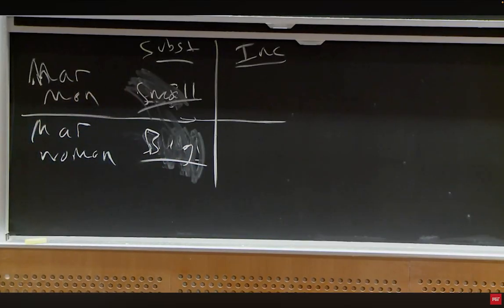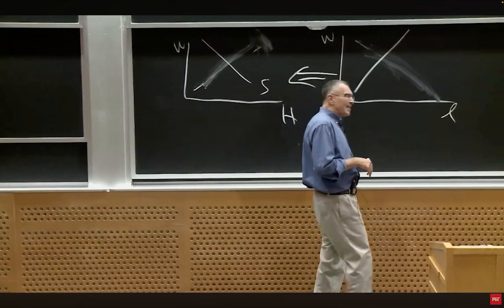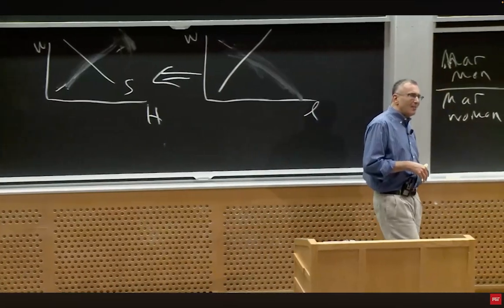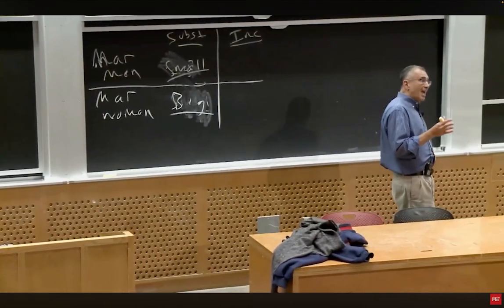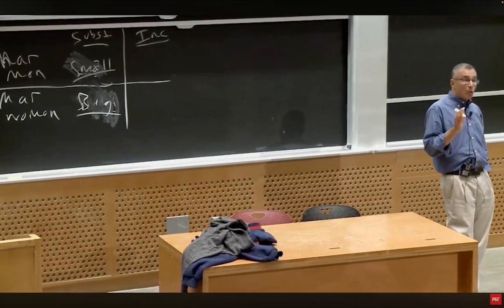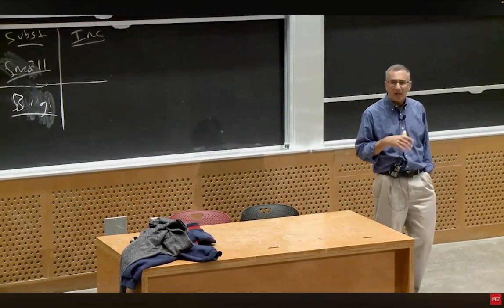Now, here's an even harder one. What about the income effect? I'm not even going to ask this one because it's hard. The income effect is tricky because the income effect is not just how responsive your work is to income, but it also depends on how much you're already working.